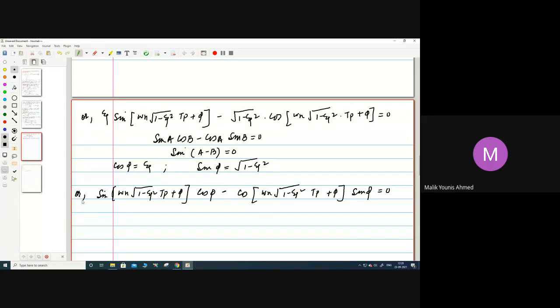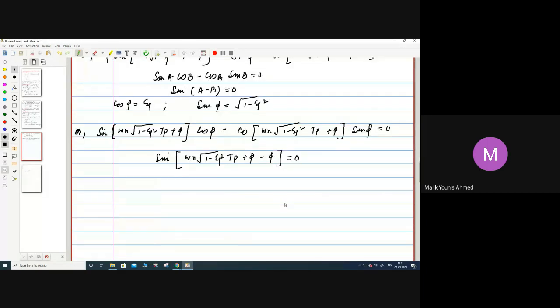So what we get out of this is sine of A minus B. A is omega n under root of 1 minus xi square Tp plus phi, minus B, which is also phi, equal to 0. So phi and phi get cancelled.